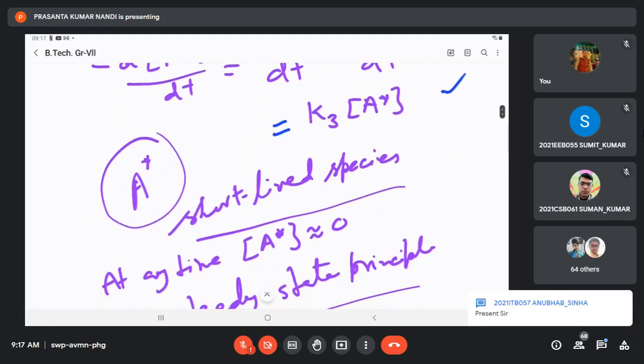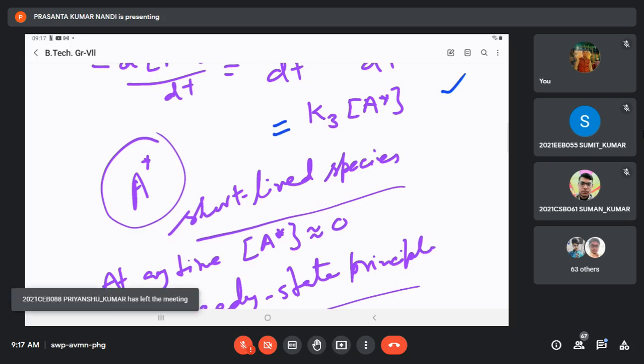Now, what is the fate of A star, meaning the activated or energized reactant molecules? It is normally a short-lived species. This activated molecule cannot exist for a longer time. Why? Because it has surrounding normal molecules. So many molecules are colliding, and they may collide with these activated molecules. Or activated molecules may even collide with the container wall inside.